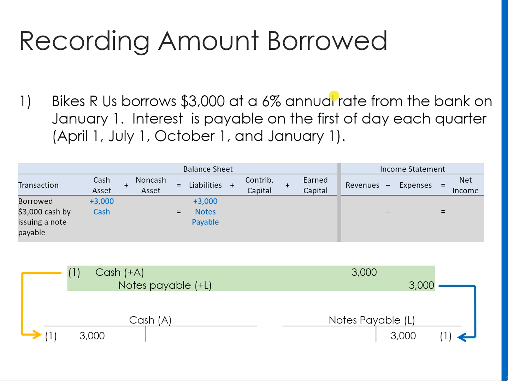Okay, all interest rates should be expressed as annual rates. From January 1st, interest is payable on the first day of each quarter. So we pay in April, July, October, and next year January 1st. So when we borrow, there's no effect on the income statement. Right, we debit cash and credit notes payable for now.